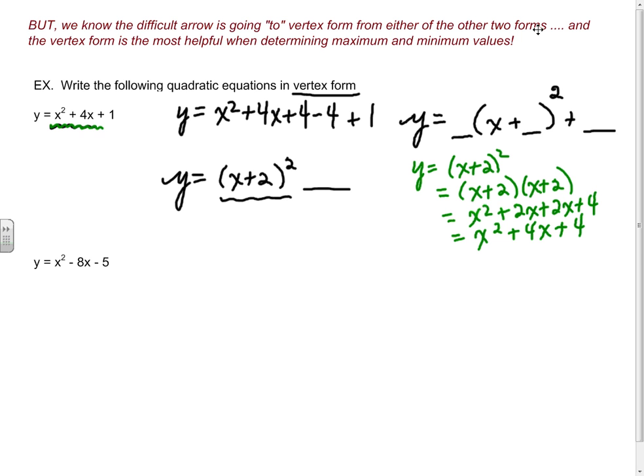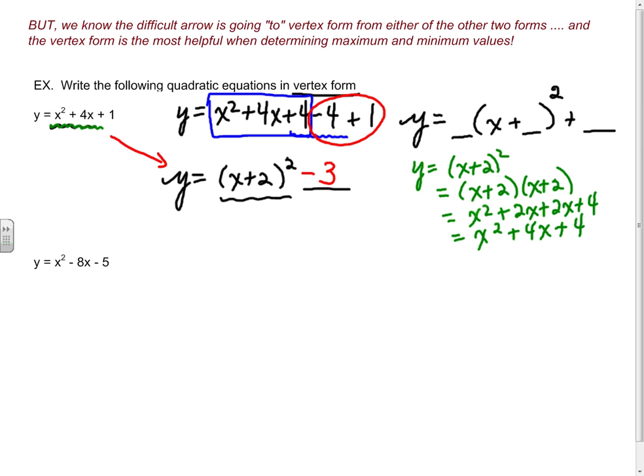So, knowing the goal I have in mind, I have forced this equation by adding 4 and taking away 4 at the same time, which doesn't change a thing, which will allow me to write these 3 terms as x plus 2 squared, and these 2 terms as my leftovers.